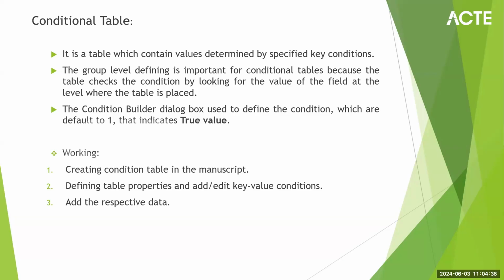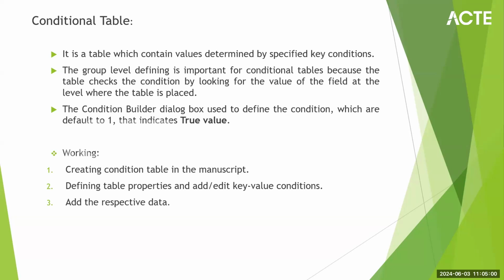This is how the conditional table works: what are the conditions that the policy satisfies? If it matches with the conditional table condition, then only this table will be applied. There will be some specific condition in order to view this table.